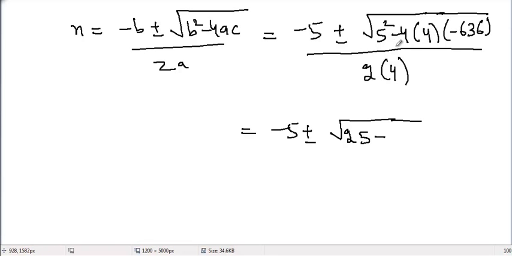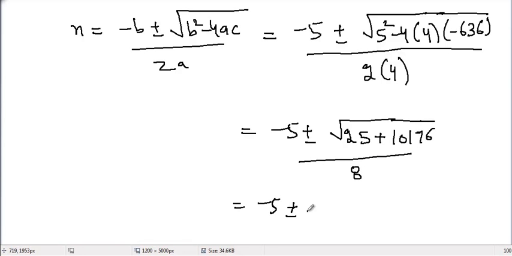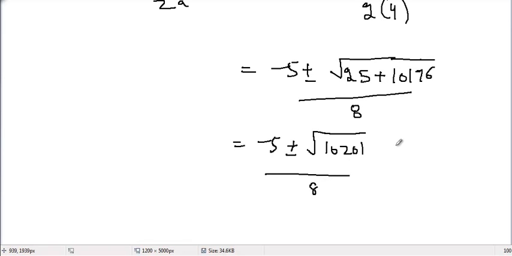We get minus 16 here, and minus 16 times minus 636, we get here plus 10176, divided by 8. Now I get minus 5 plus minus square root of 25 plus 10176, which is 10201, divided by 8. So I get here minus 5 plus minus the square root of 10201, which is 101, divided by 8.